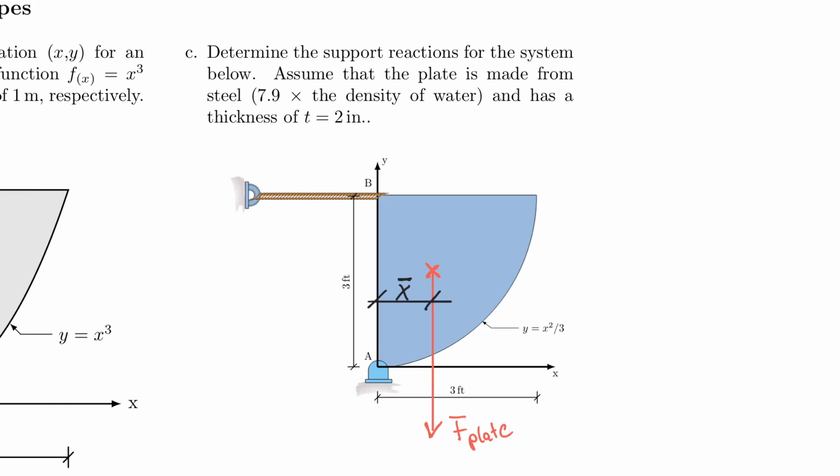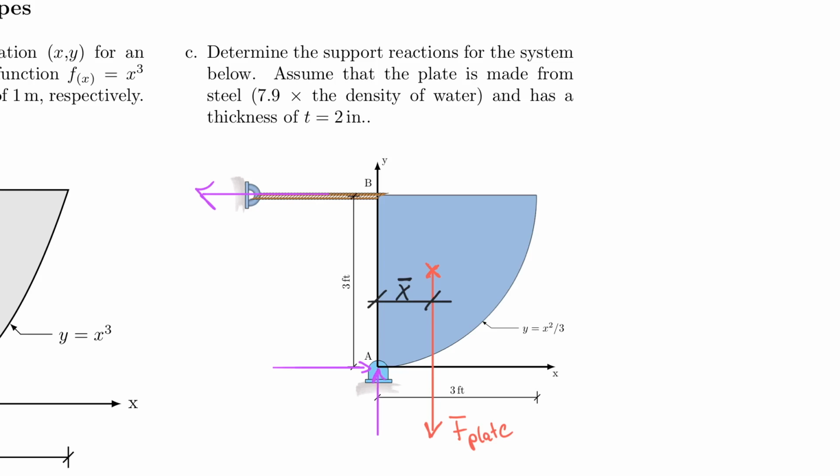Not that you need to fully understand this right now, but where we're going is we obviously have a tensile force here, and therefore we must have a support reaction here that goes in this direction. And we also must have a support reaction that goes up here.